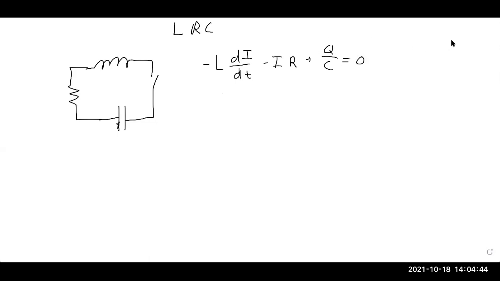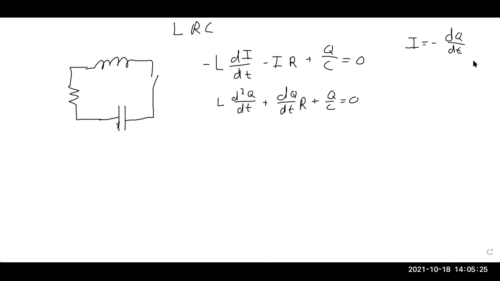So if we use our negative time derivative for our positive current, we get a differential equation.